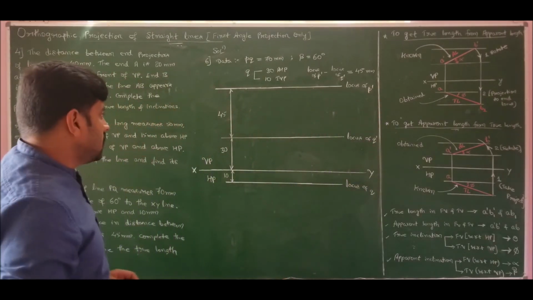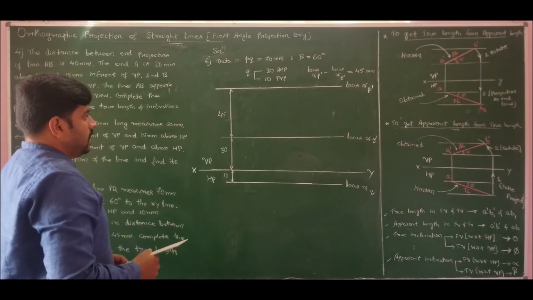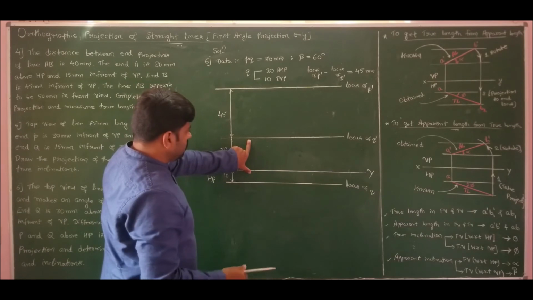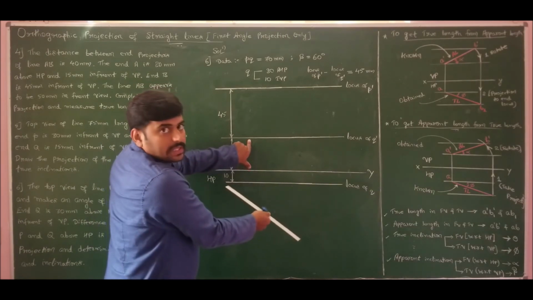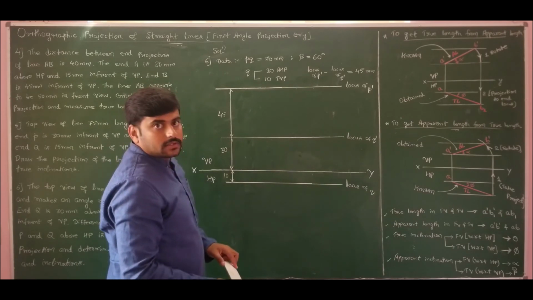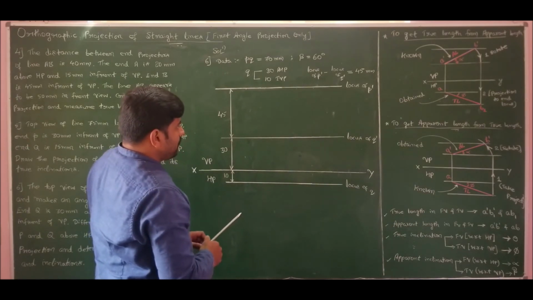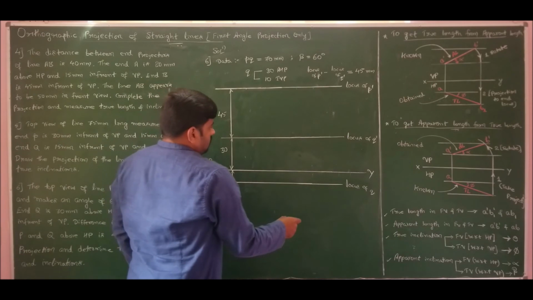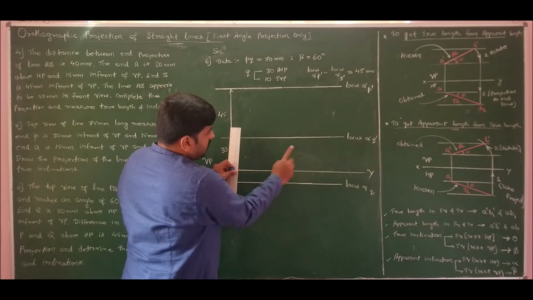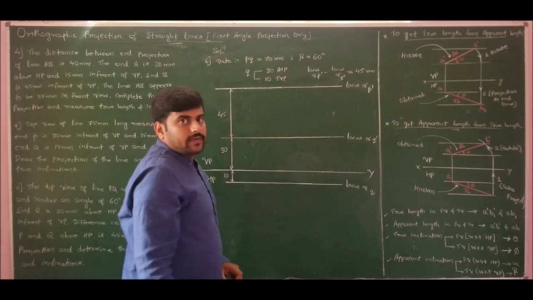Now to solve the problem, either I can fix Q dash and Q and rotate P, that is, I can solve the problem as QP, or I can fix P and rotate Q. In either way I can solve.